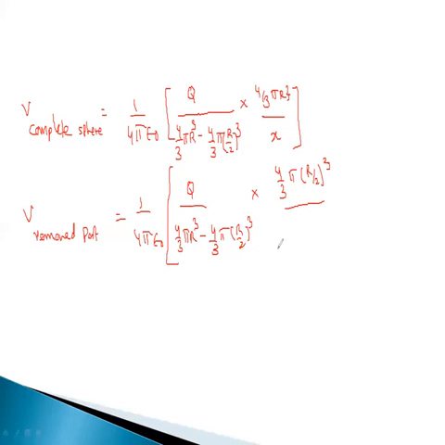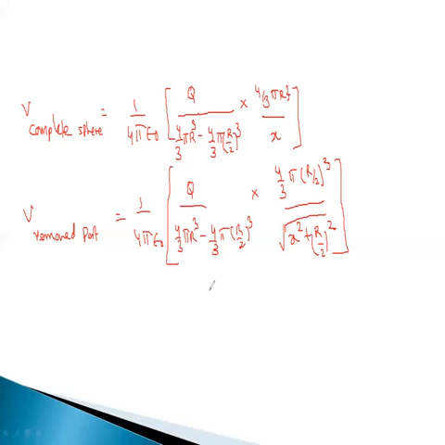By what is the distance there? It is not on the axial line for the small part; it is along the perpendicular line at the end of the sphere. So the total distance can be taken as root over x square plus (R by 2) whole square.